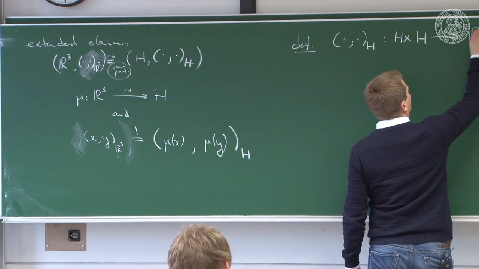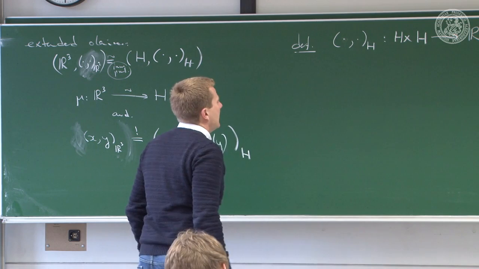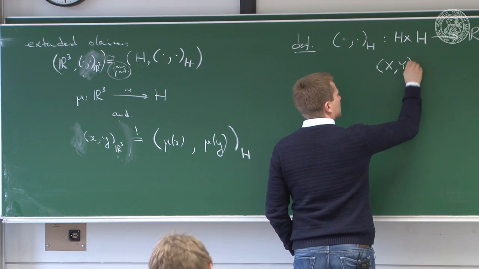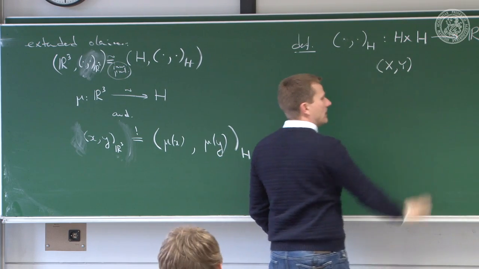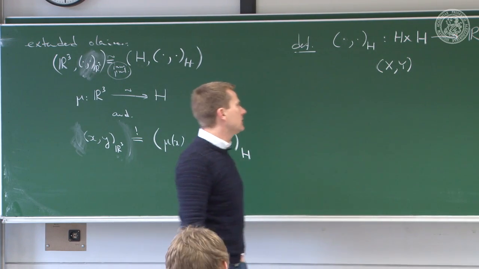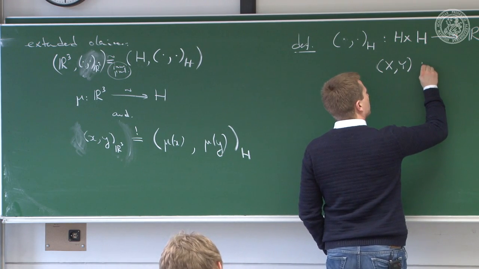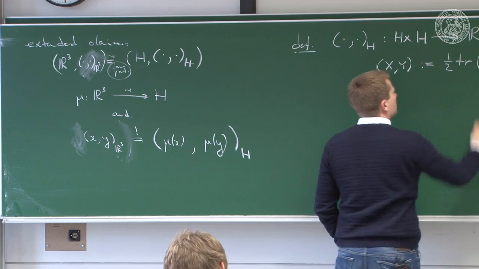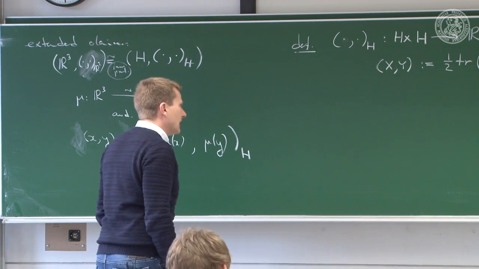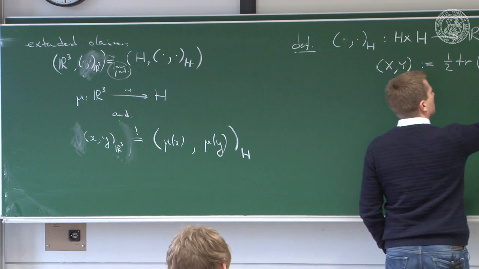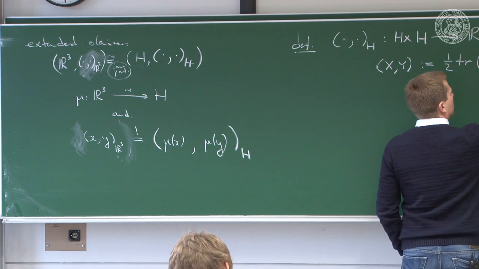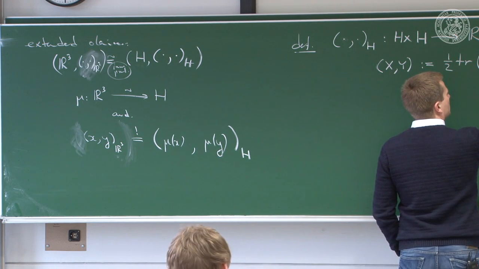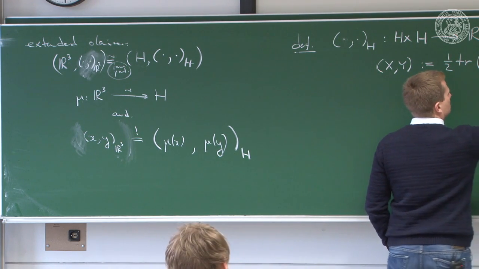So real inner product. Okay. And what do we do? We take two elements, capital X and capital Y, so 2 by 2 complex matrices that are Hermitian and trace-free, and we define this to be, again, 1/2 the trace of X times Y, matrix multiplication.